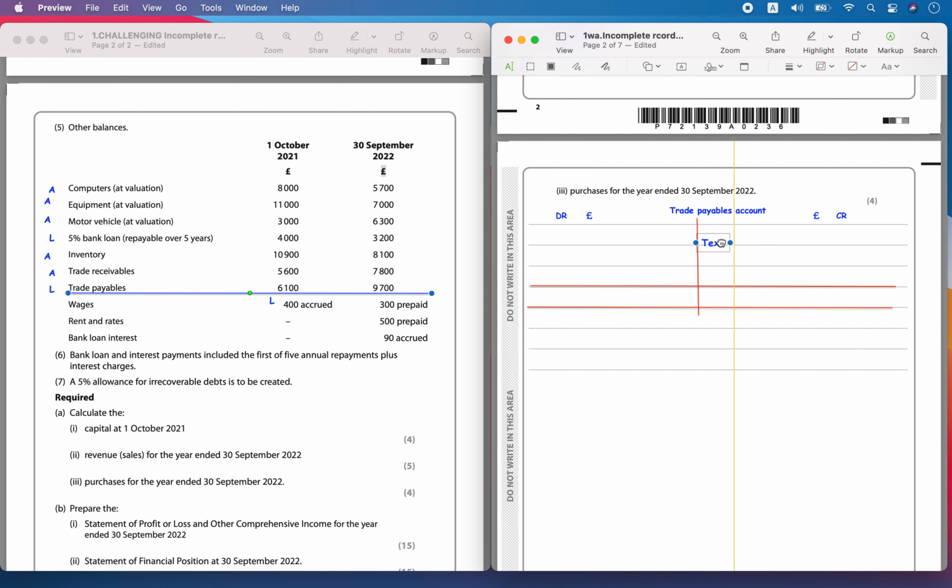The balance as on 1st October 2021, balance brought down, was 6,100. And at the end the balance had become 9,700.